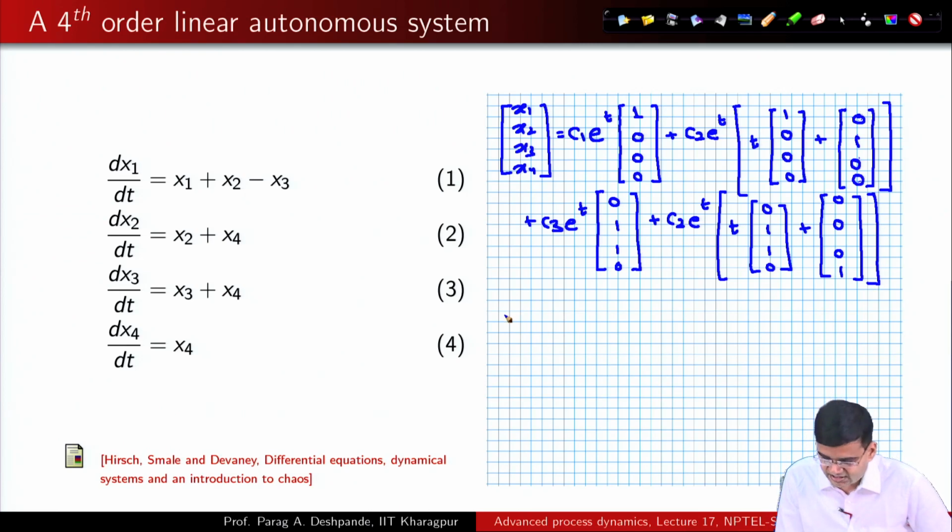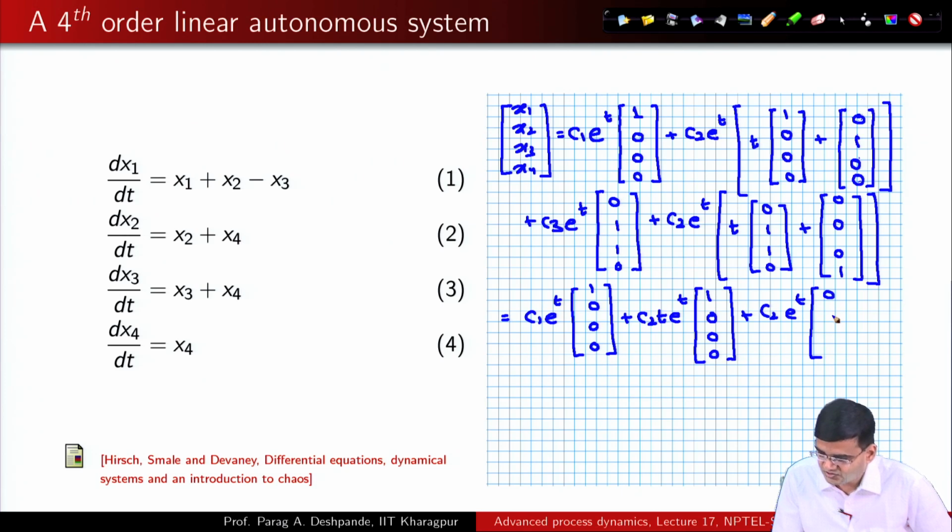Right. So, I can simplify this as C1 e to the power t 1 0 0 0, plus C2 t e to the power t 1 0 0 0, plus C2 e to the power t 0 1 0 0, plus C3 e to the power t 0 1 1 0, plus C2 t e to the power t 0 1 1 0.